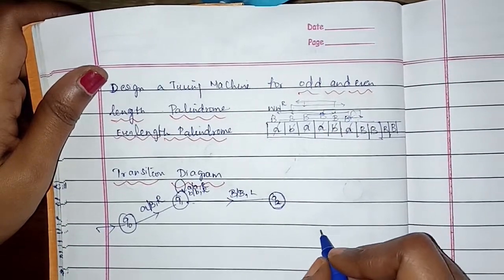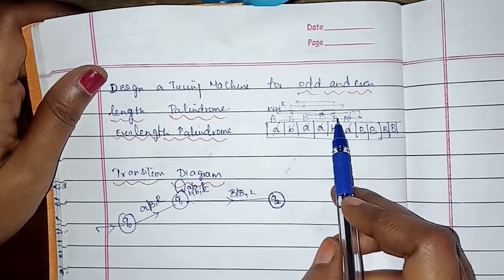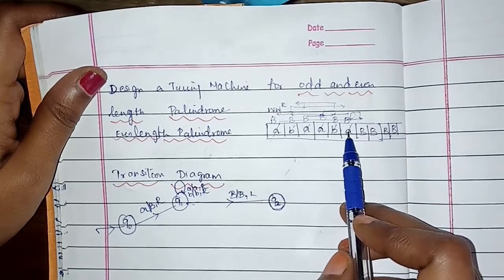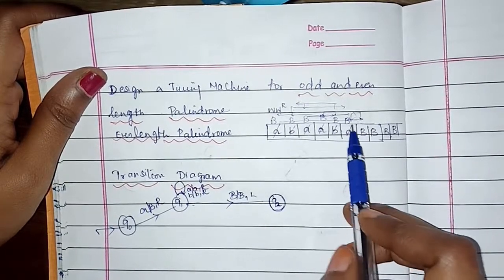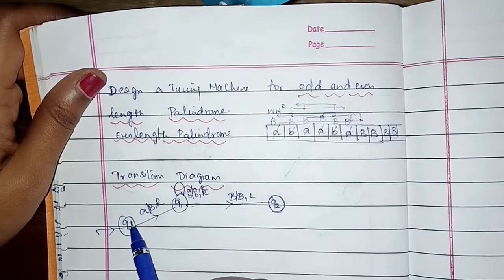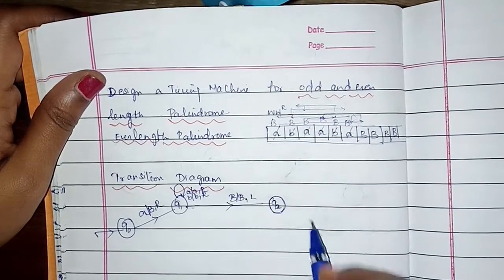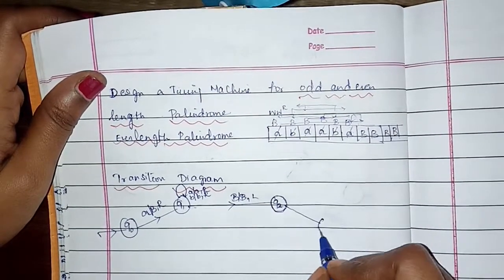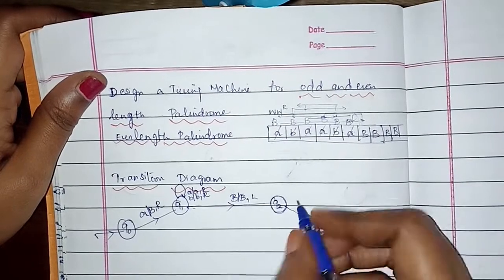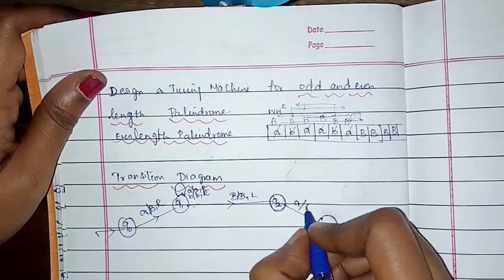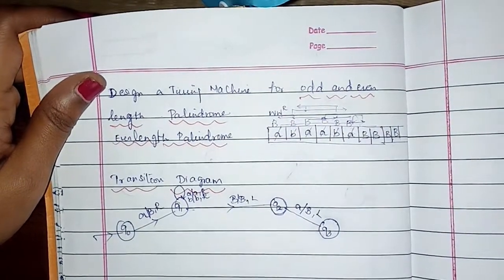After that, after going to the left direction, you have to check this particular A. When I see this A here, and here also it is A, we go to Q3. So A is changed to B and it moves to the left direction.